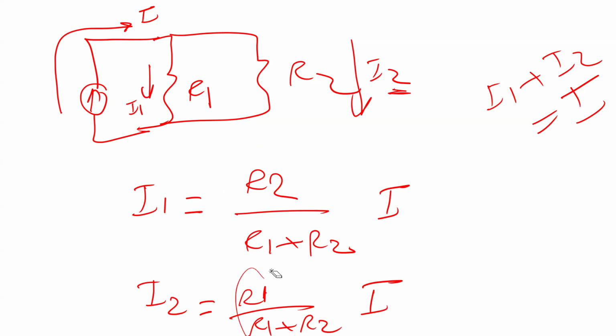You can tell here the smaller resistance is going to take more current. I think something is wrong here, right? No, I think that's correct. So here I1 equals R2 divided by R1 plus R2. I think that's what I explained last time.